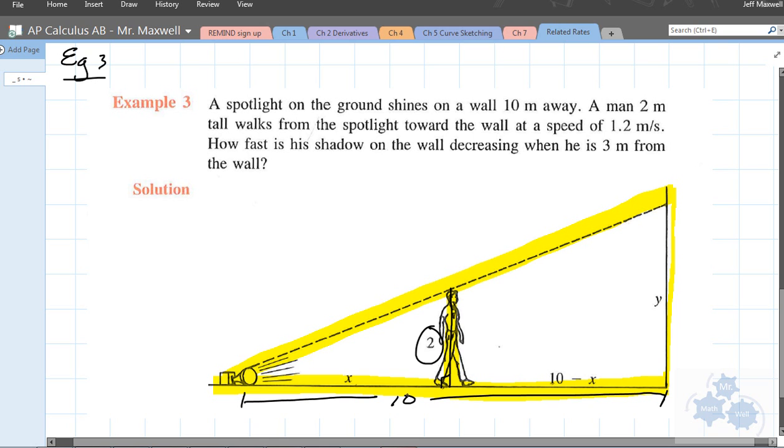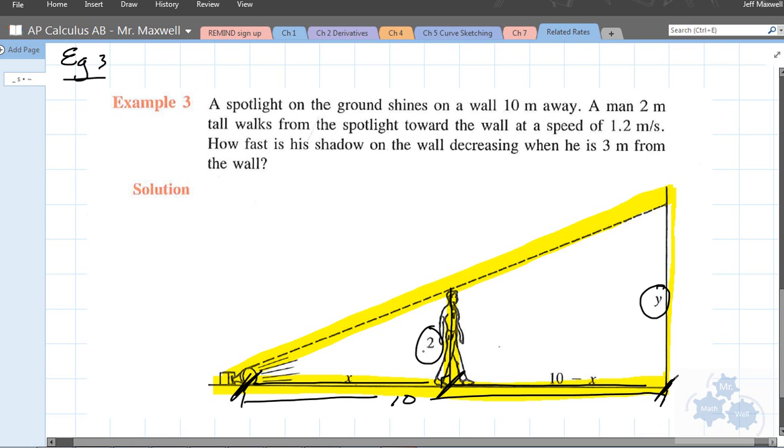Now, if we're going to label the height of his shadow on the wall, you can label it whatever you want. Okay, x, y, whatever. In this case, I'm going to label this y. And down here, this section and this section, we're going to want to label these parts. And if the whole section is 10, remember, you want two variables, because we're going to differentiate two variables with respect to time.